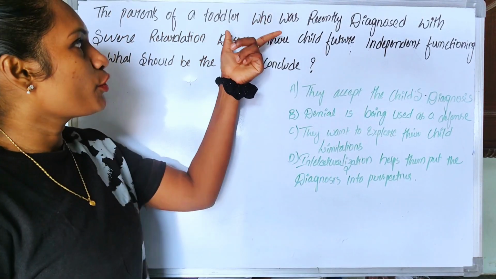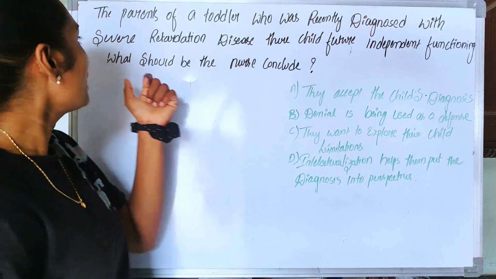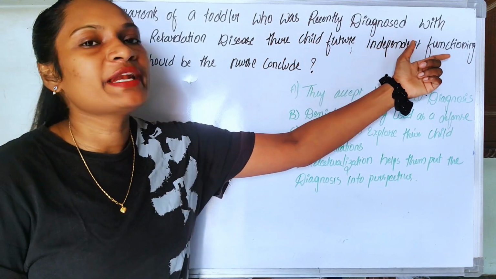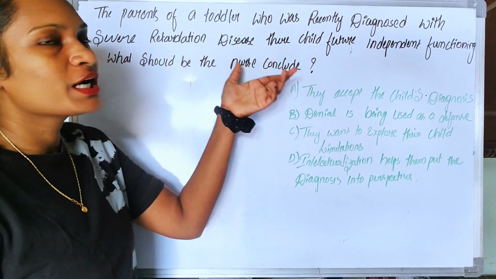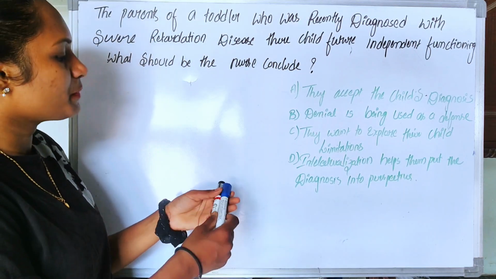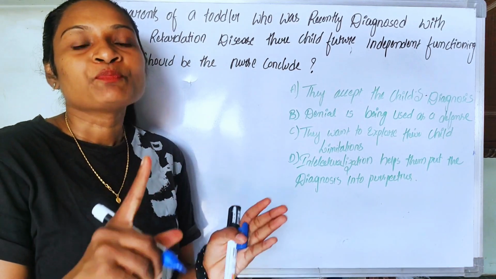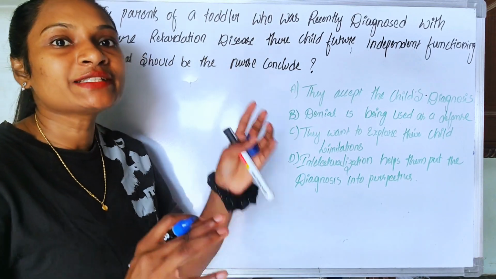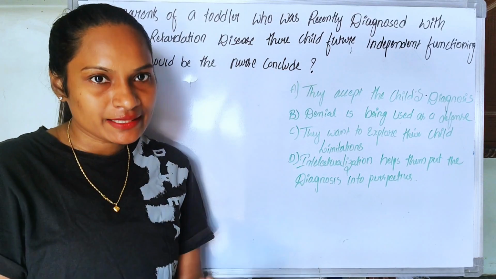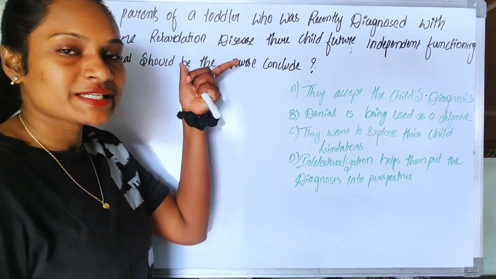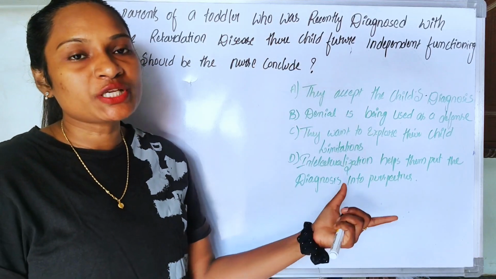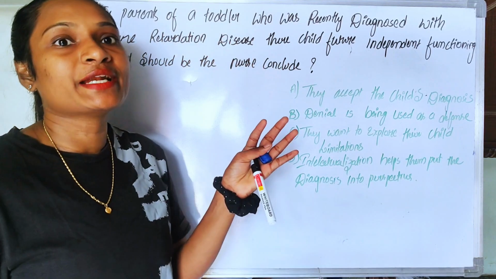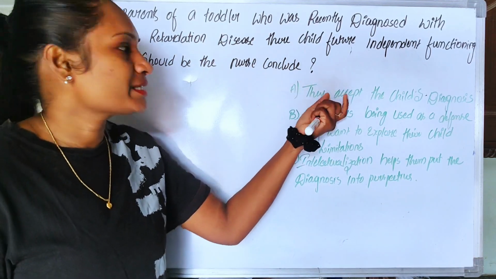The parents of a toddler who was recently diagnosed with severe retardation ask about their child's future independent functioning. What should the nurse conclude? Whenever we attempt any exam question, we need to read the question twice, to understand what the examiner is actually asking. First understand the question, then move to the options. Many people read the question hurriedly, go into the options, and think this may be the correct answer.